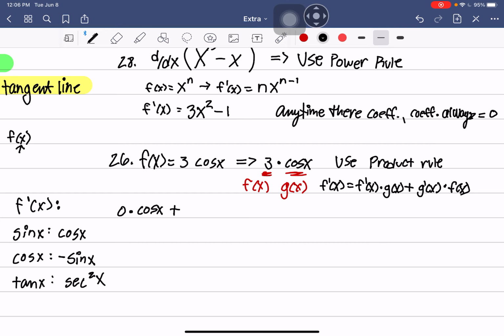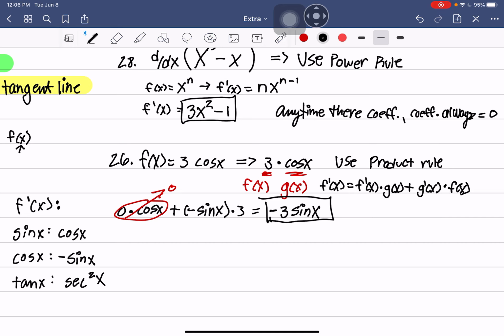Cosine, well, that's negative sine. So negative sine x times f of x, which is 3. Okay, well, the first term is equal to 0. So now we have negative 3 sine x as our answer for this one.